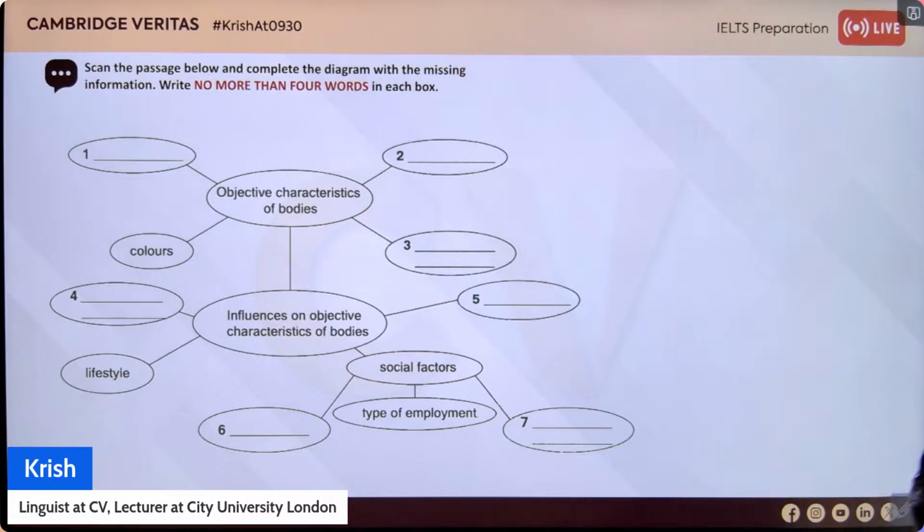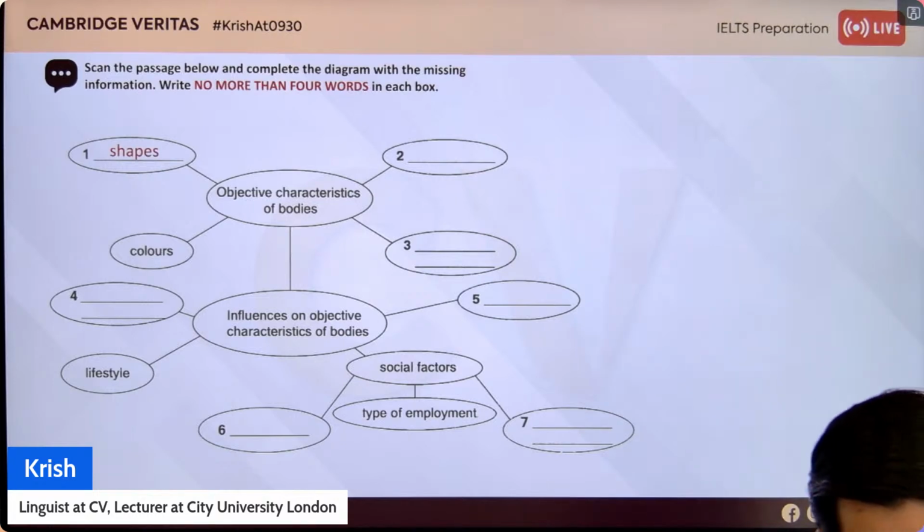Okay, wonderful. Priya, Ronaldo, Masroor. The correct answer is shapes. Excellent. What is the second? If you have said height, that is also a correct answer. Number two is heights.